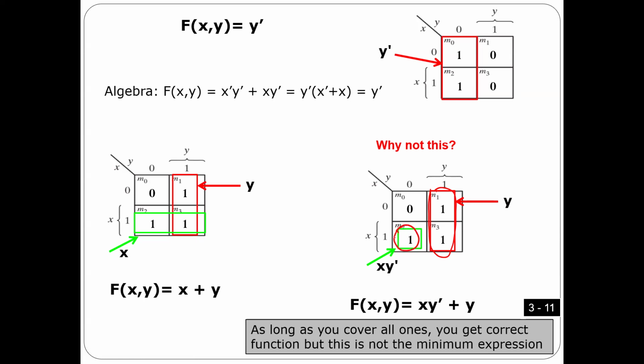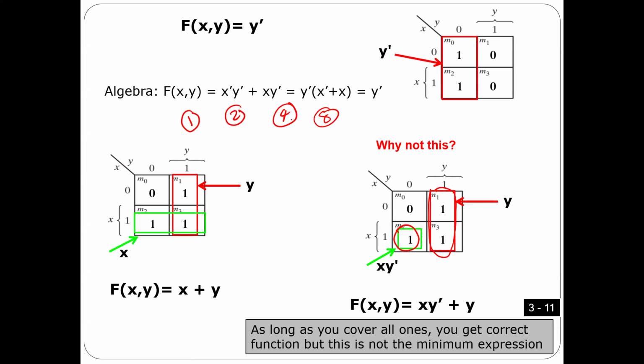But listen, it's going to be clear when I go to three and four variables. When you make groups, it's allowed to make a group of 1 square, 2 squares, or 4 squares. It's not allowed to make a group of 3 squares. So it should be 1, 2, 4, or 8 when we go to bigger maps.